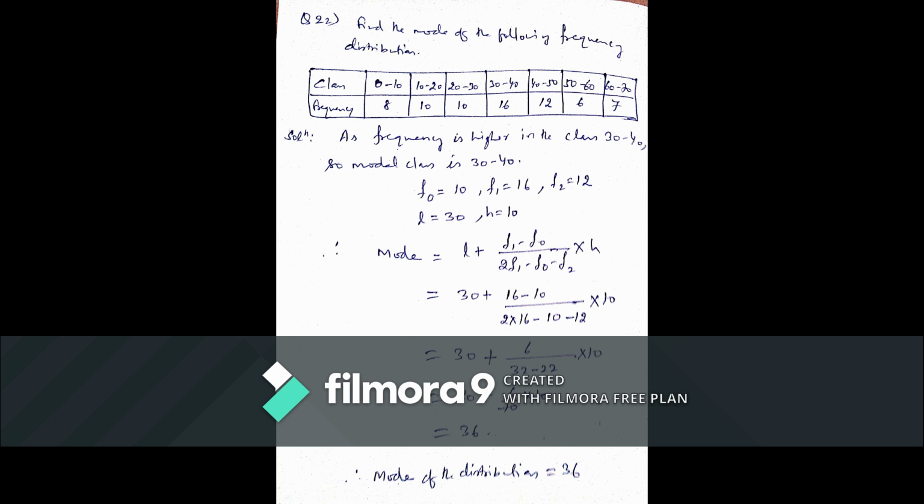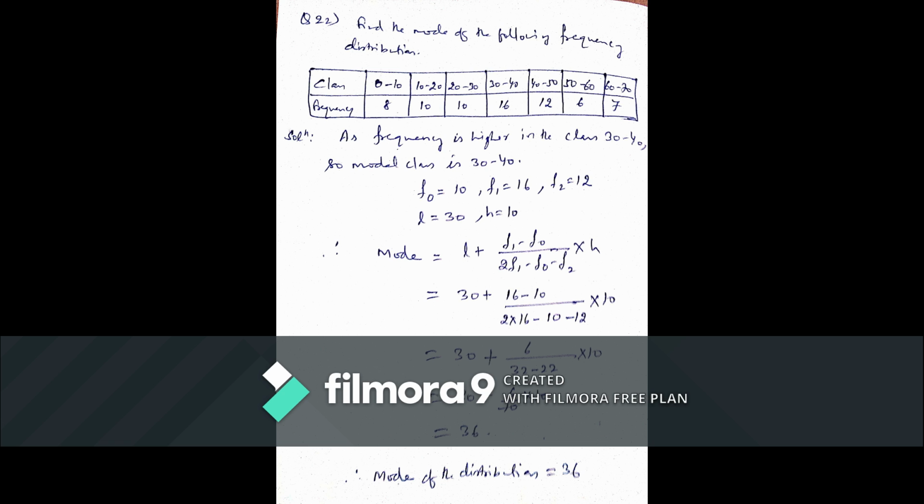From here we find that the maximum frequency is 16, and 16 is in the class 30 to 40. So the modal class is 30 to 40. But it is a frequency distribution, so there is a specific formula.